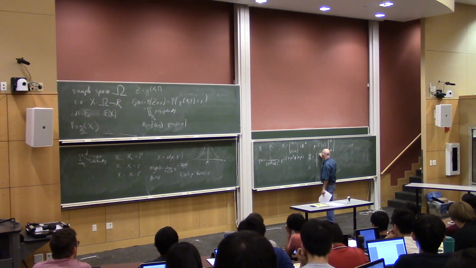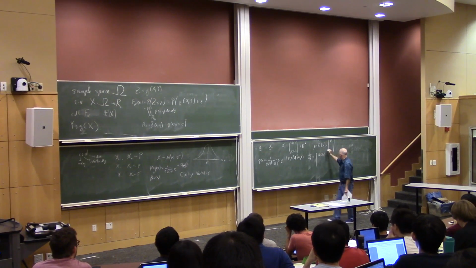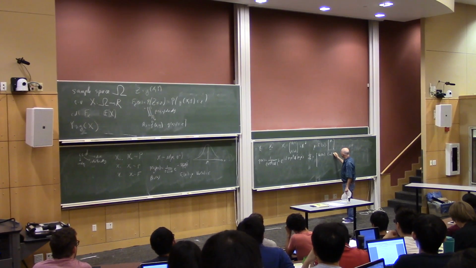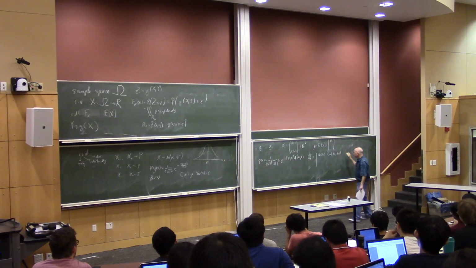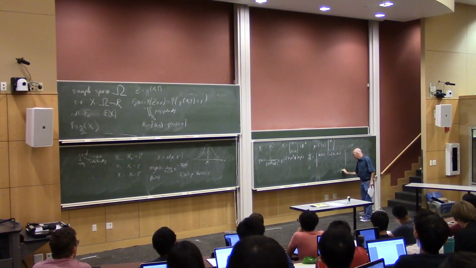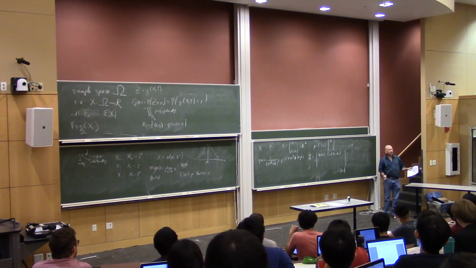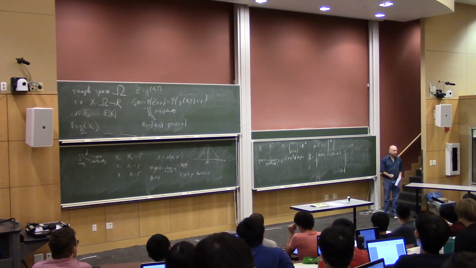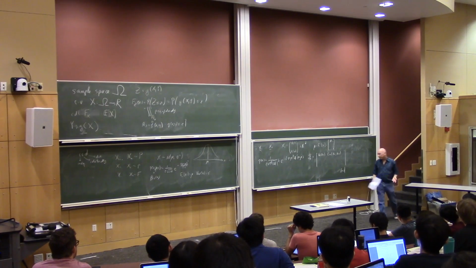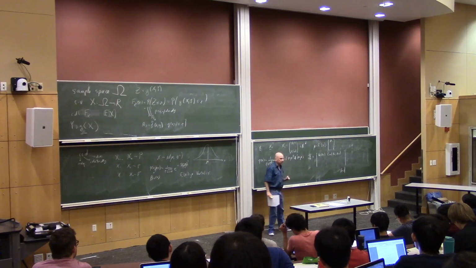So this will be the variance of the first coordinate, this will be the covariance of x1 and x2, and so on. So it's a d by d matrix. It keeps track of the variances of all the coordinates of the random vector, and all their covariances. So it's just the matrix version. And then this is the determinant of that matrix, and this is the inverse of that matrix.